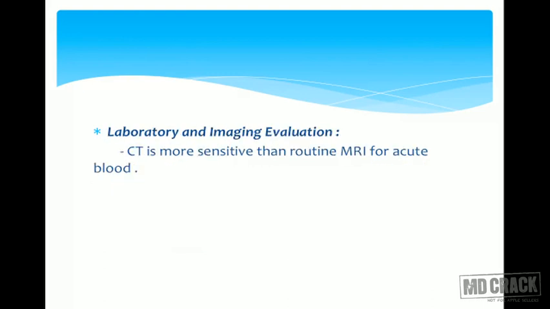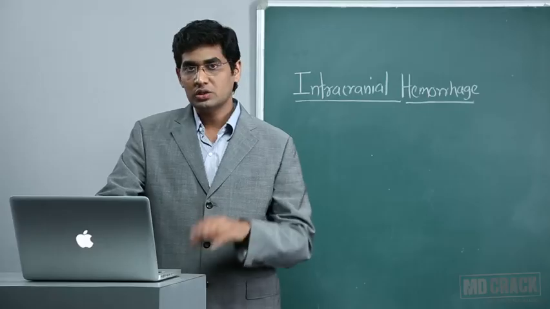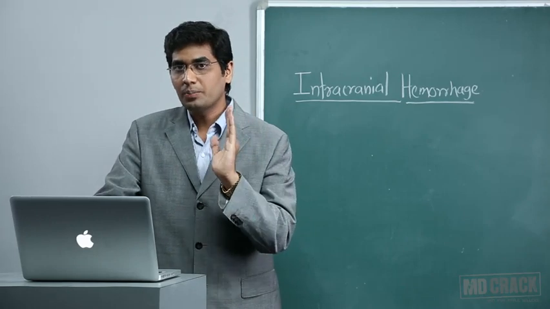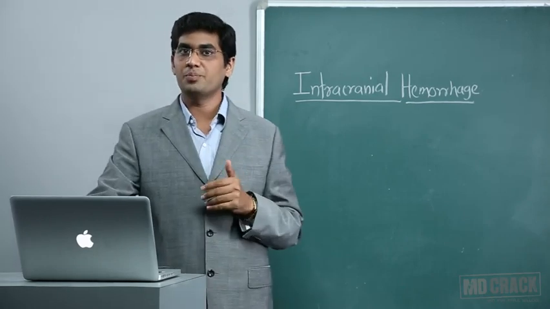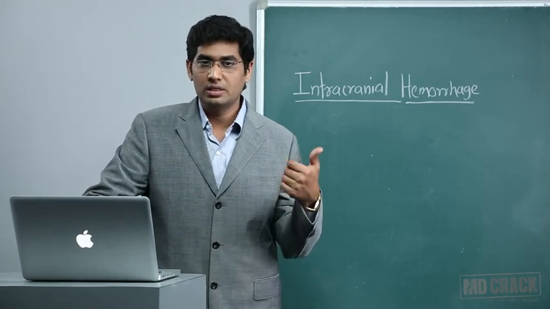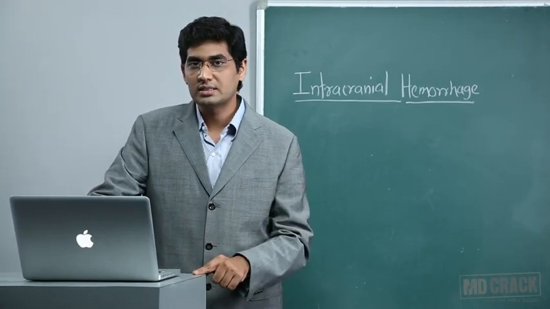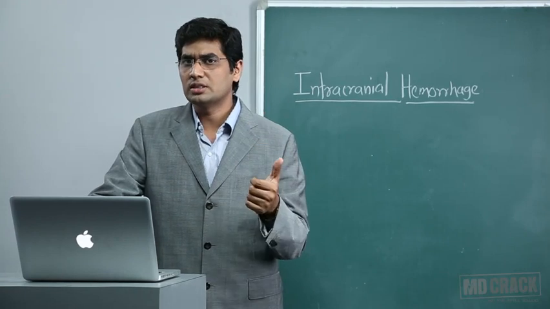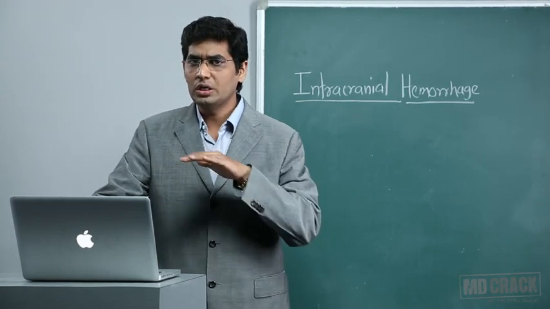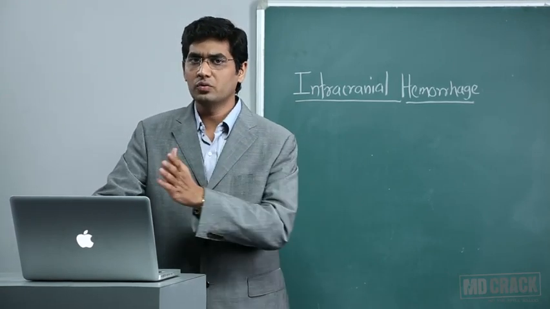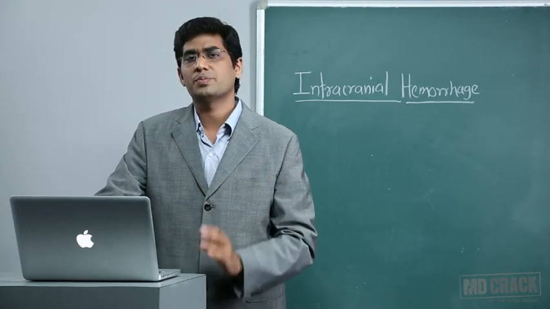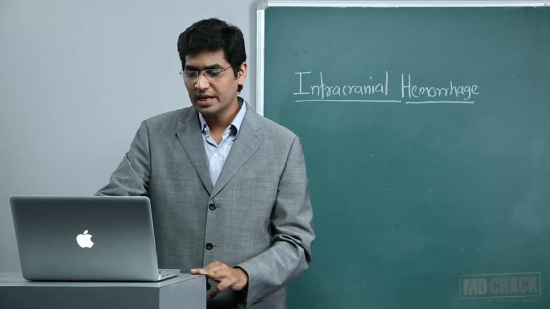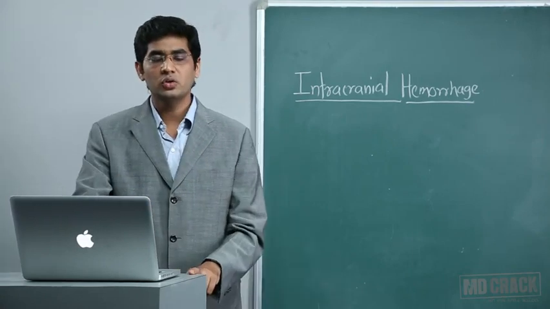Coming to laboratory and imaging evaluation, as I told you, in the initial workup of stroke you need to do a CT scan, because we have a treatment for infarct in the form of thrombolysis, but you cannot give thrombolysis to a hemorrhagic patient. So we need to rule out hemorrhage, and if you give thrombolysis to a hemorrhagic patient without looking at the CT scan, those patients may worsen. So CT scan, and yes, you have an MCQ here.